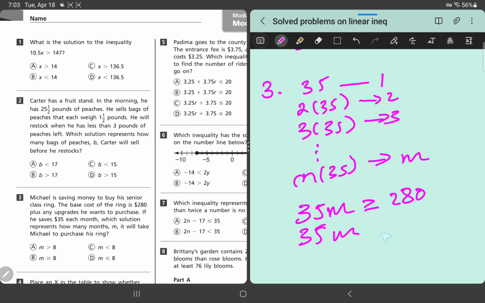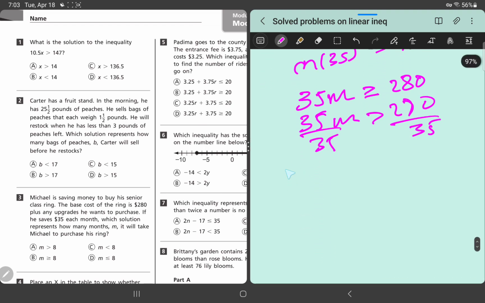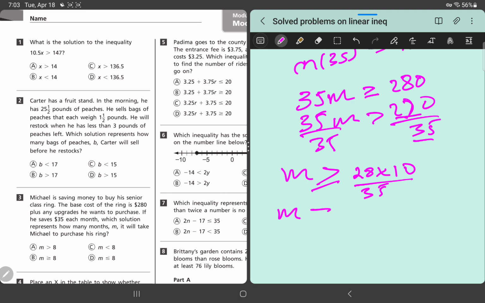the number of months is greater than 280, you can divide by 35, so you're going to get m has to be greater than 280 over 35. 28 is 4 times 7, so the 10 is 5 times 2 over 35, which is 5 times 7.